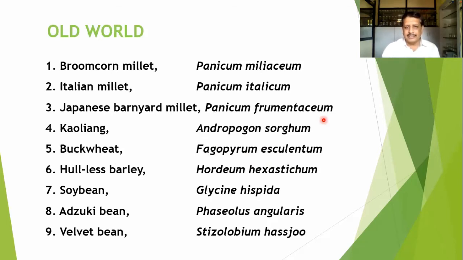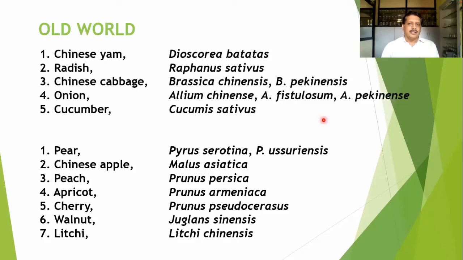Then hull-less barley, Hordeum hexastichum. Soybean, Glycine hispida. Then adzuki bean, it is the Phaseolus species, Phaseolus angularis. And the velvet bean, Stizolobium hassjoo. So these are the common plants originated from the old world, particularly in the Chinese origin.